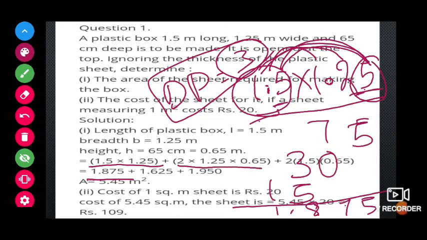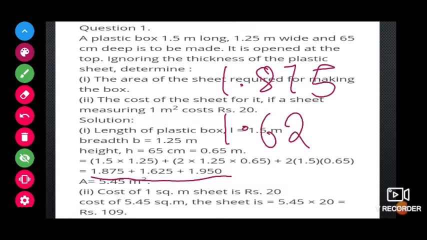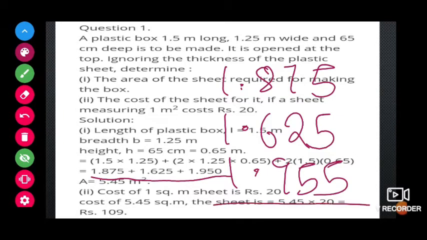In the same way, if we multiply this, we will get 1.625, and the last one 1.950. Then we have to add these. Whenever we are adding, children, just for remembrance, from the next sums onwards I will not show you; you have to do it by yourself. First we have to arrange the numbers so that all the decimal points come in the same vertical line: 1.875, 1.625, 1.950.